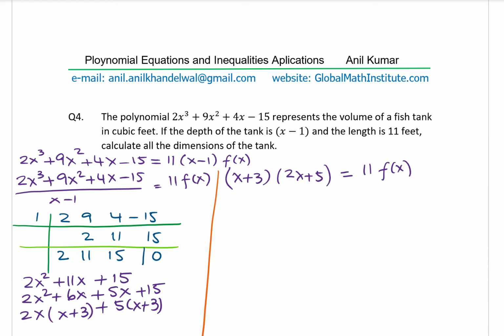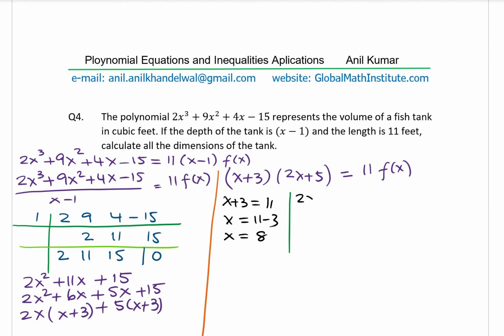Now, one of these factors should be 11. That is what we're trying to say. So we can actually solve for different conditions. So we have two conditions here. If x plus 3 equals 11, then x is equal to 11 minus 3, or x is equal to 8.